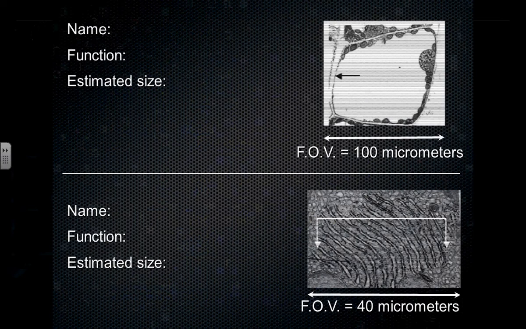What is this layer around the outside of the plant cell? The cell wall. Its job is to support and protect the plant cell. The whole cell is about 90 micrometers from one side to the other.